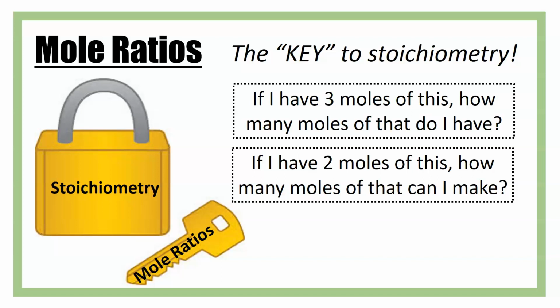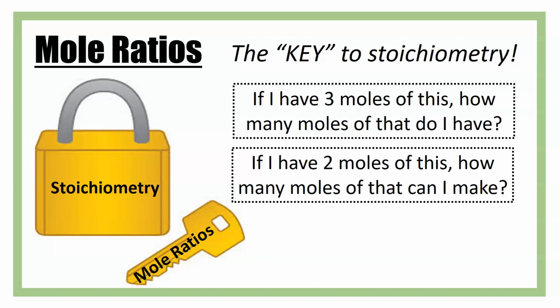If I don't give you moles to start with, you have to get to moles first. If I want to know how many grams, you're going to have to do moles first and then convert to grams. So this mole ratio is kind of the center. This is what we're trying to get to. Always get to moles. It's the key to stoichiometry.